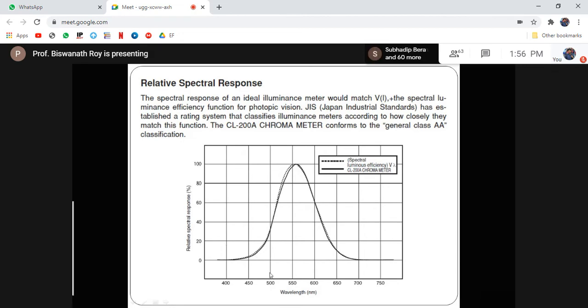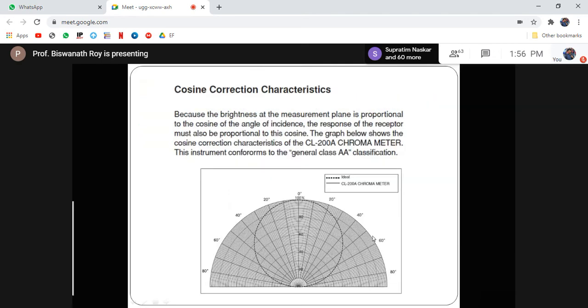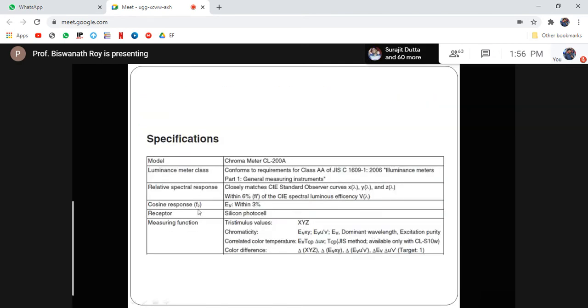And this diagram compares it with that of our eye under photopic vision. So the matching is very close. This matching is represented by the number F1. The mismatch is within 6%, right?